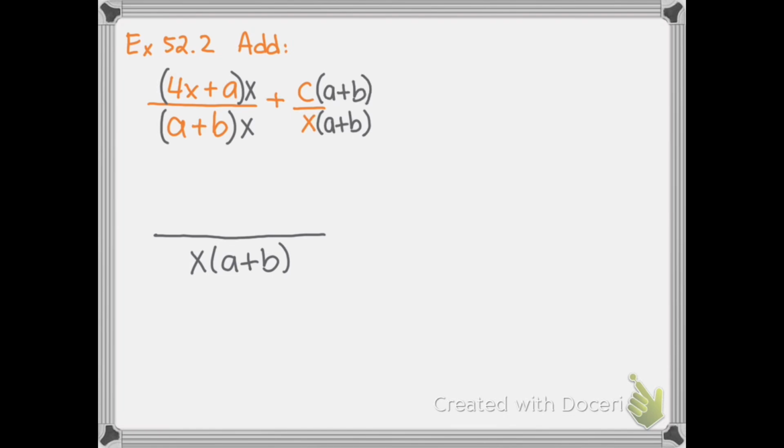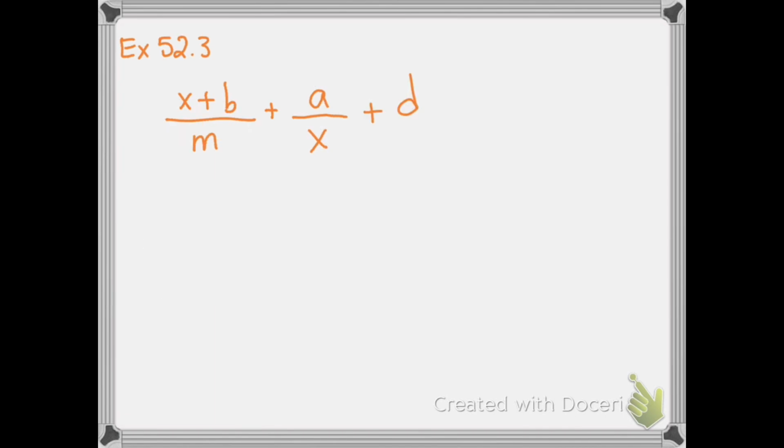To simplify, we do distributive property, and 4x times x is x squared, plus a times x is ax. Then we do distributive property times c, and we have ca plus cb.